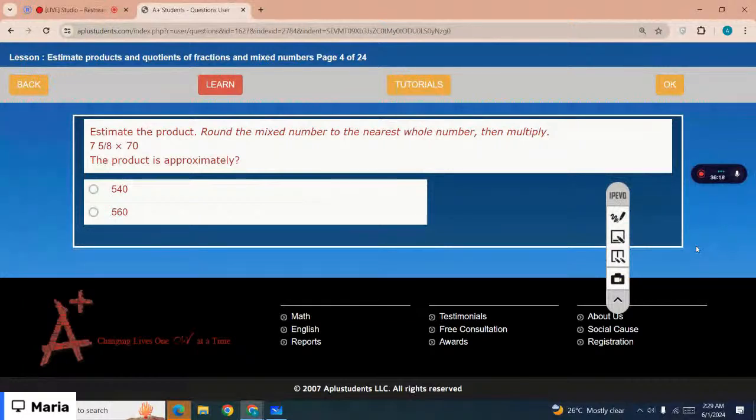The correct option is, yes, that is 560. The correct option is option number 2. That is 560.